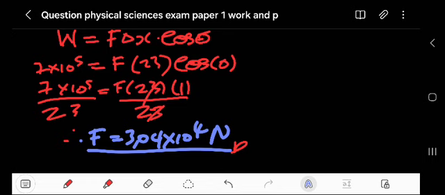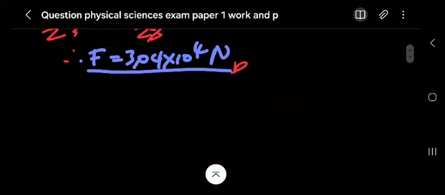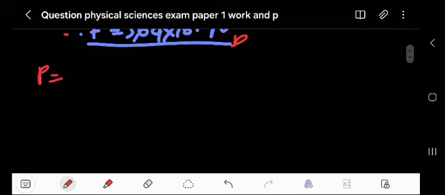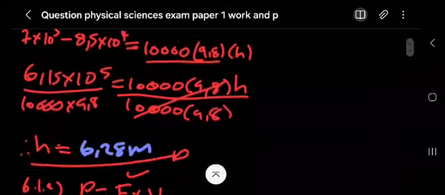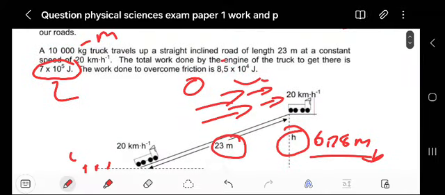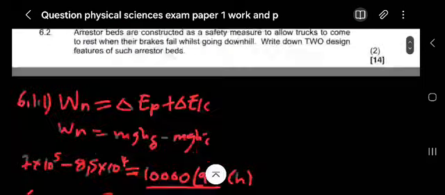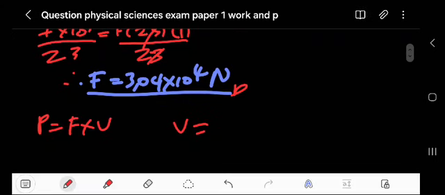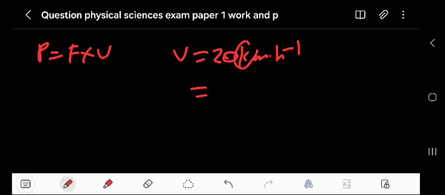Now we're supposed to calculate the power. We are not done. Yes, we know that power is equal to force multiplied by velocity, but the velocity here was given as 20 kilometers per hour. Be careful there, note your SI units. You must first change the kilometers: 20 kilometers, you multiply by 1,000.